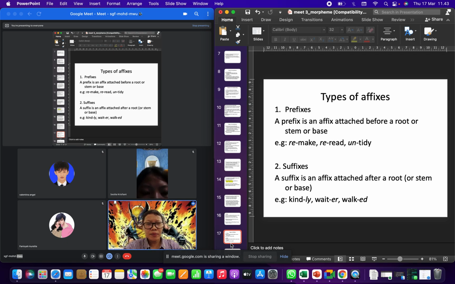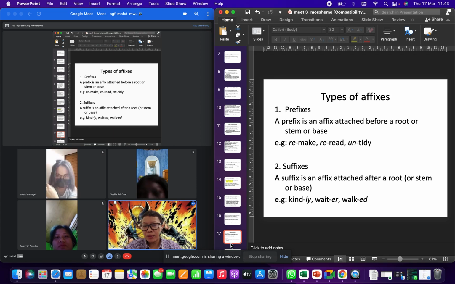And then we have a suffix that attaches after a root, or a stem, or a base. For example, I have the root kind and the suffix ly, or the root with and the suffix er, or work and the suffix ed.